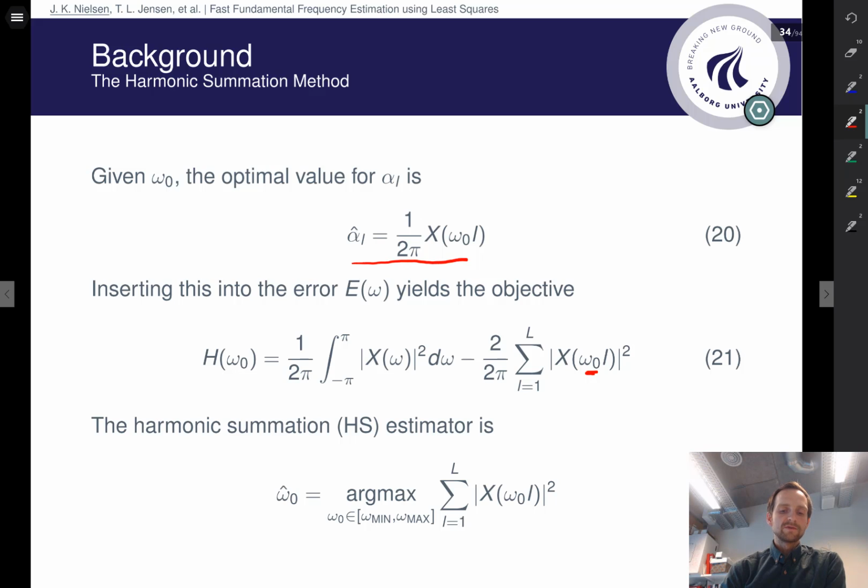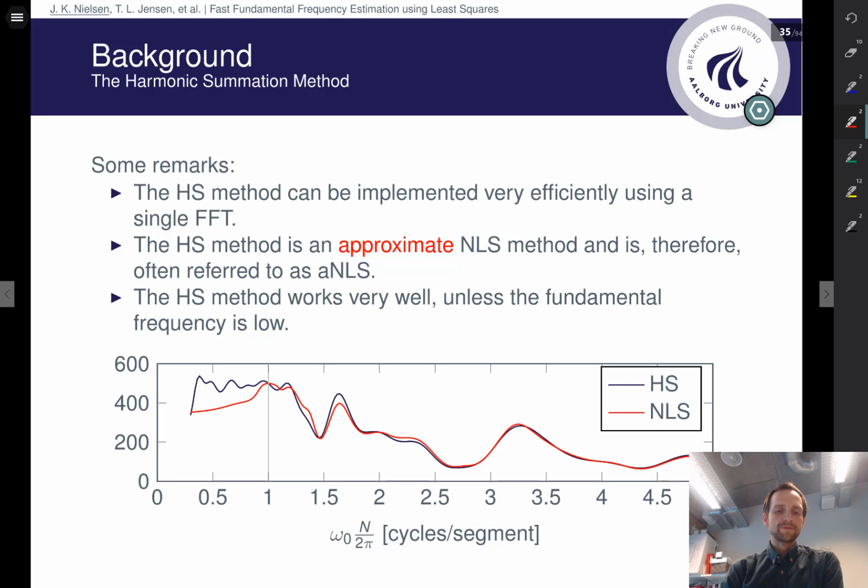The harmonic summation method is much faster than the exact nonlinear least squares method, and it inherits many of the desirable properties of the nonlinear least squares methods. So the harmonic summation method is often used instead of the least squares method. Some remarks here.